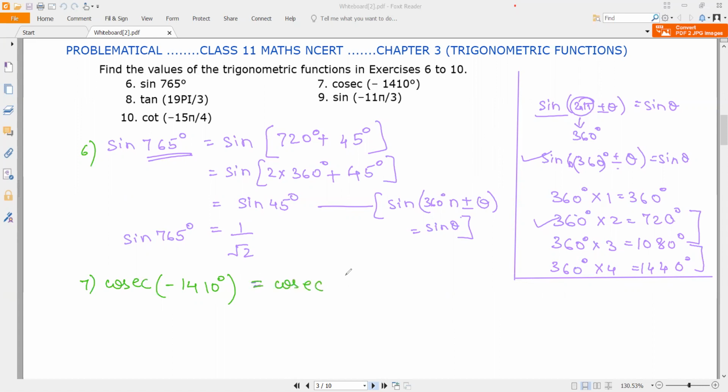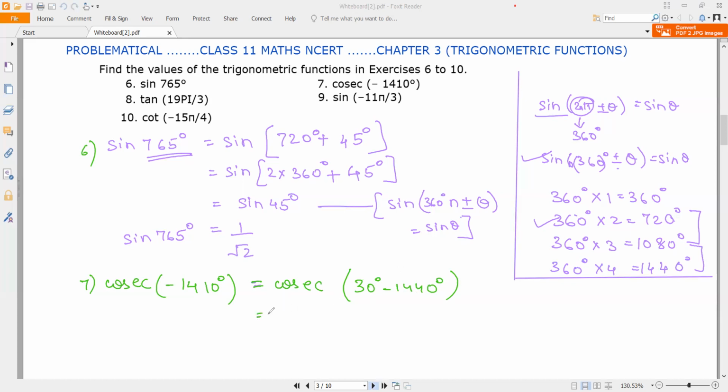So you can write this as cosec of, we need a negative, so 30 degree minus 1440 degree. Cosec minus 1410 can be written as cosec 30 degree minus 1440.